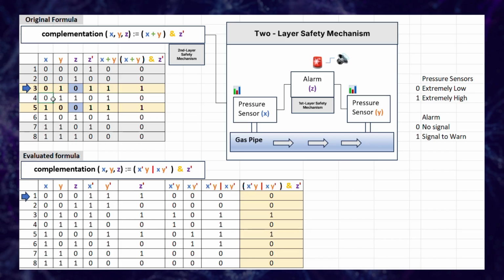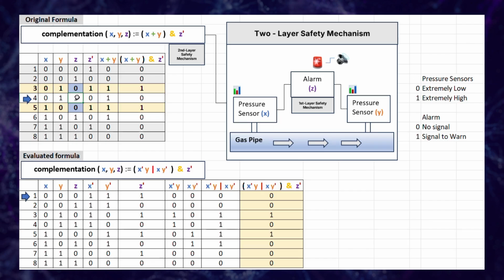Same here: pressure sensor X is extremely low, and pressure sensor Y is extremely high. And then Z is the alarm. It means it detected the extreme difference in the pressure sensors.